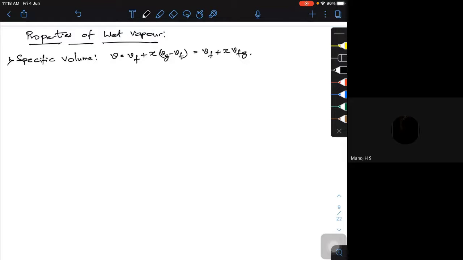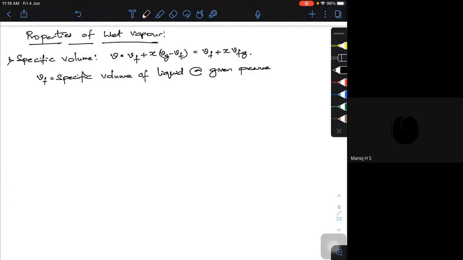Where are we going to get these from? Vf is the specific volume of the fluid, the specific volume of liquid at the given pressure and temperature.